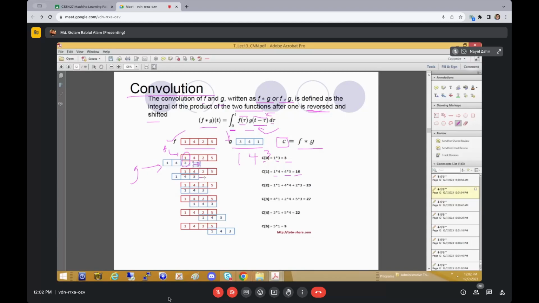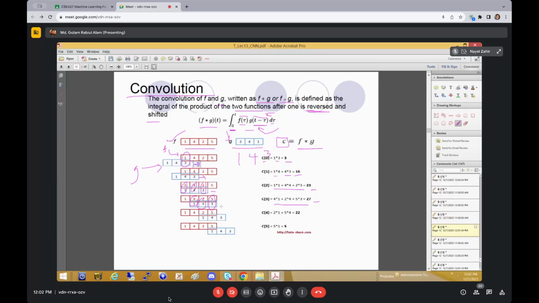Then again we shift one of the functions, and we have 2 times 3, 4 times 4, and 1 times 1, so we get 23. We shift again, and then we have 5 times 3, 2 times 4, and 4 times 1, which gives 27.